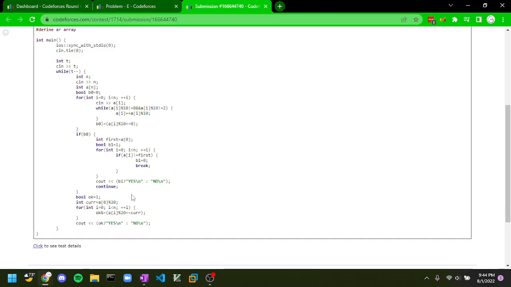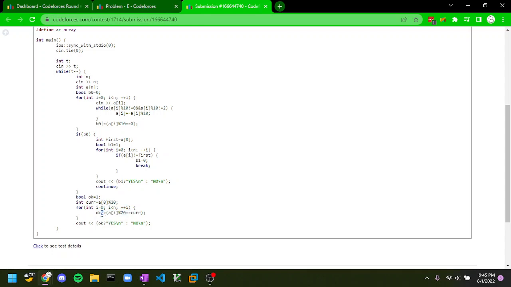So what we do is we take cur to be the first element mod 20, and then if all of them have the same answer when modded by 20, then we know that the answer must be true.